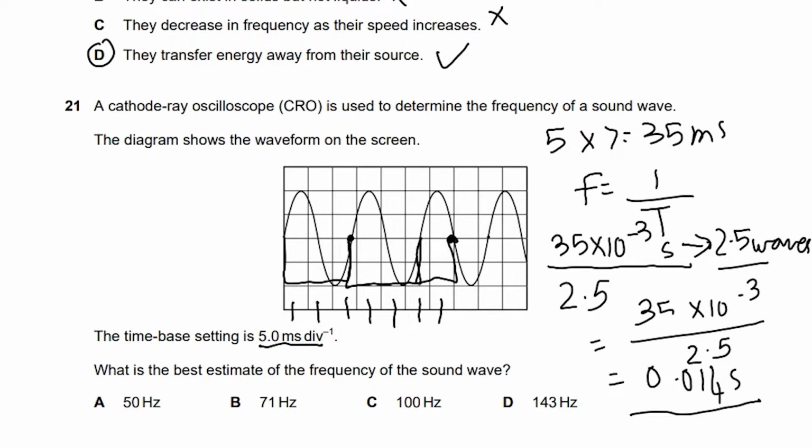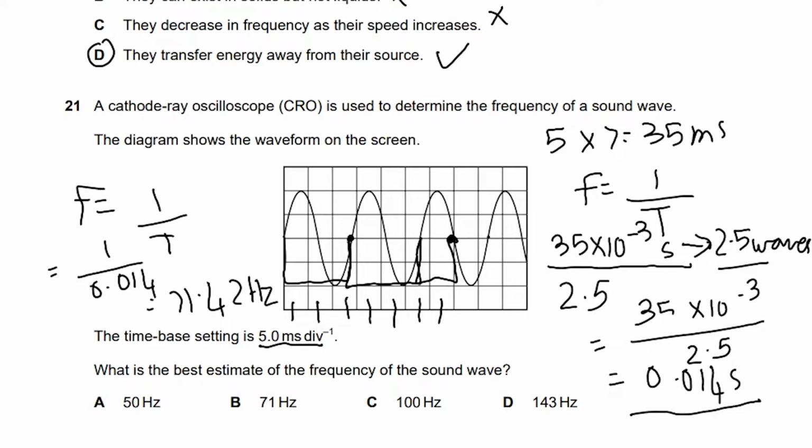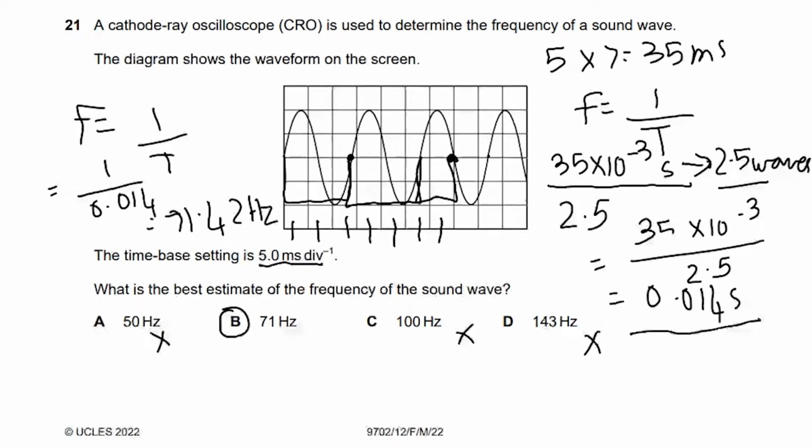Okay, and the formula we have is 1 over T. So let's divide 1 by 0.014. The answer we get is 71.42 Hertz. And B is the answer. Okay. Let's move to question number 22.